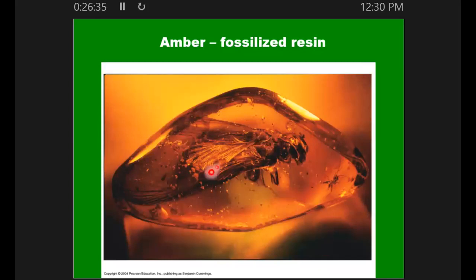Amber is coming from the secretions of stem tissue, some of the secondary metabolites, which of course can get fossilized over time and have been the subject of a lot of movies, and very beautiful things can get captured. Here you see an insect captured in the amber.